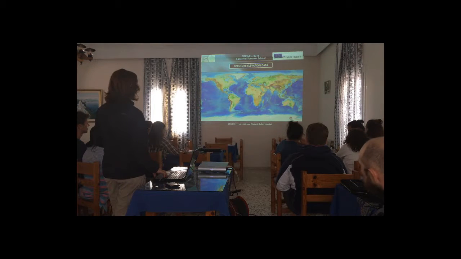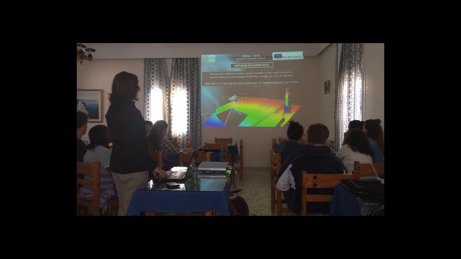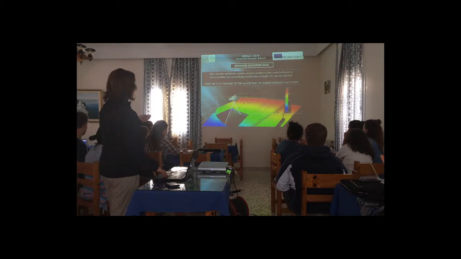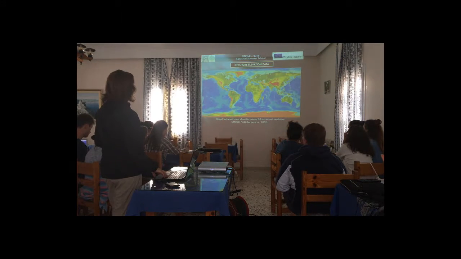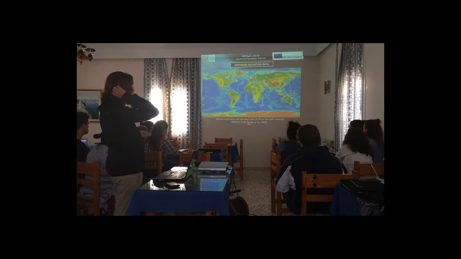And so we have the total map from satellite systems. But if you want detailed information, as Heidi explained, you need a multi-beam system. And this is a new map, not so new now, but this is a map that you can find in literature provided by Becker et al.